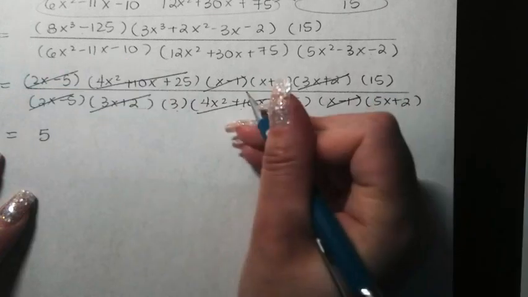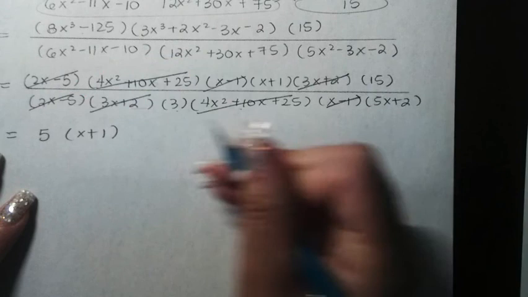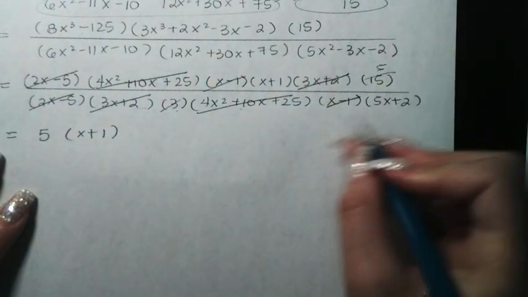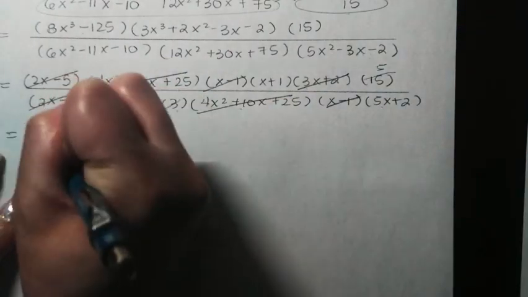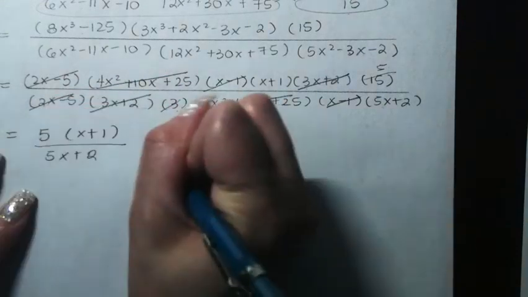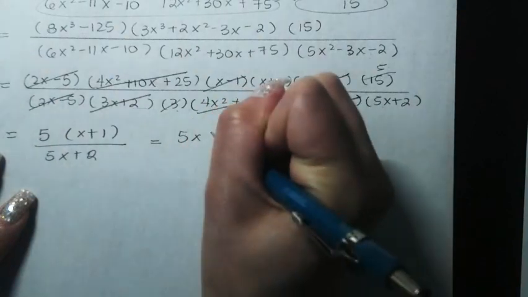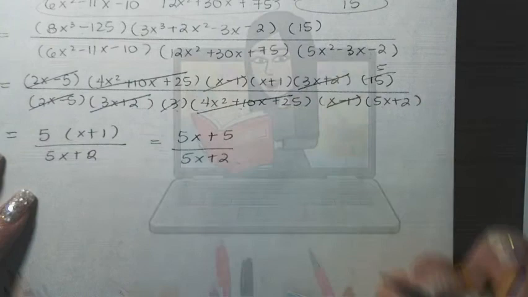Then what's next? x plus 1, and then you have left, well, this one became a 5, and then you have the 5x plus 2. So you have that, and this is going to be equal to distribute the 5, so 5x plus 5, divided by 5x plus 2, and that's it.